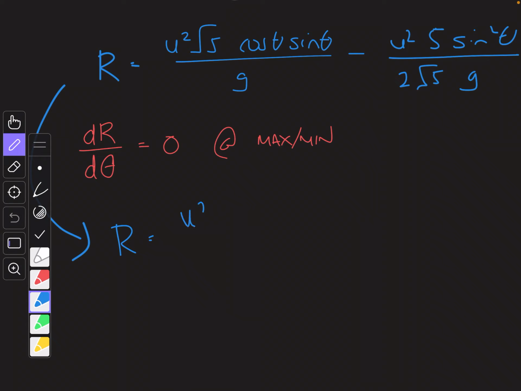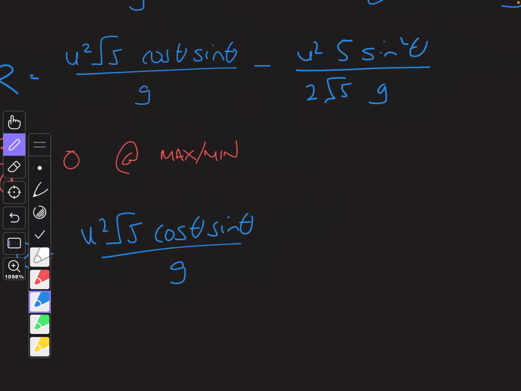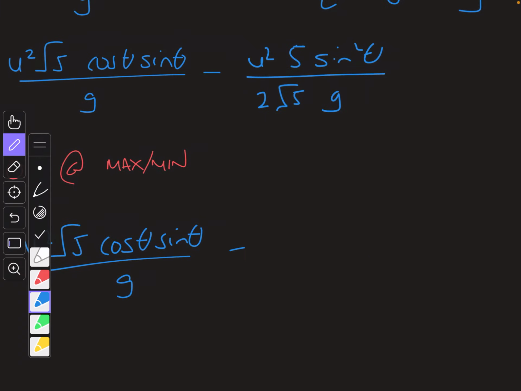So this part of it is fine, all over g. Now over here, I'm going to multiply top and bottom by square root 5. So on the top, this becomes u squared 5 root 5 sine squared theta. And on the bottom, it would become 2 times 5, because you'd be multiplying root 5 by root 5.